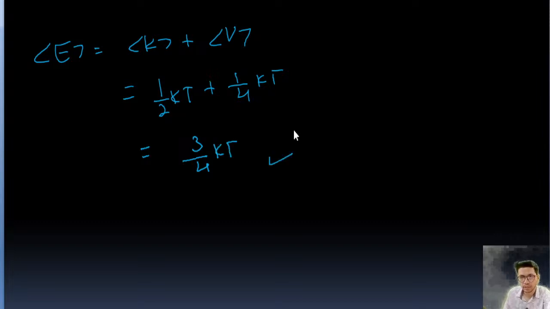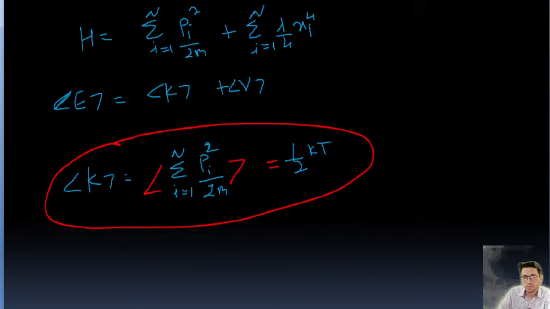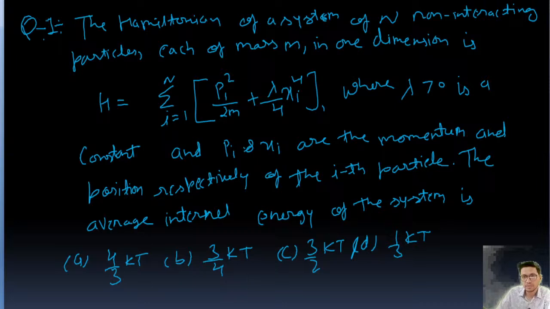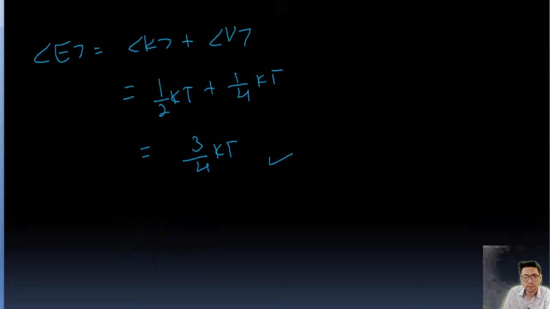So which option is matching? Let me check. Option B is matching, guys. So 3 by 4 kT is the answer.